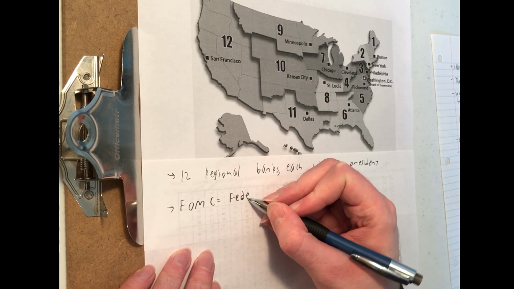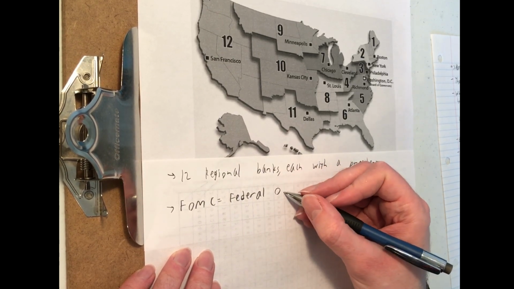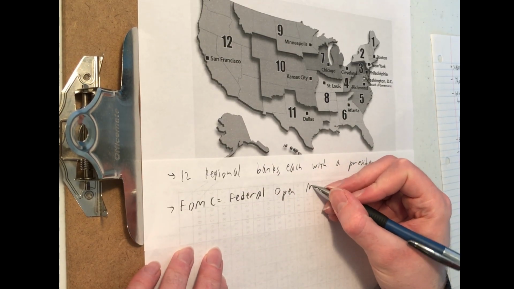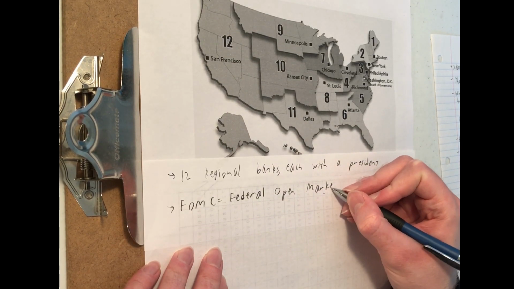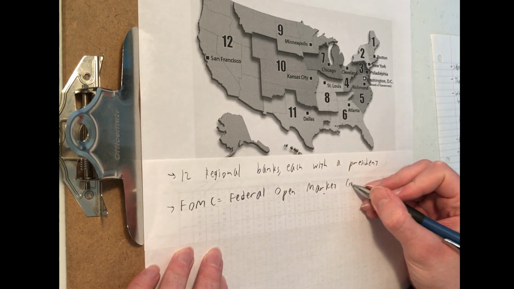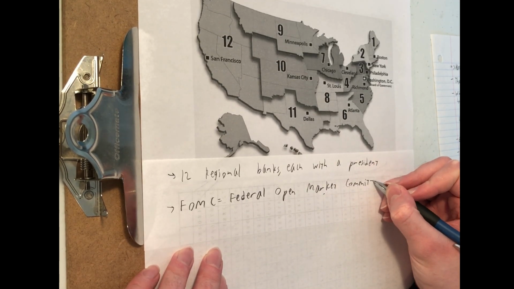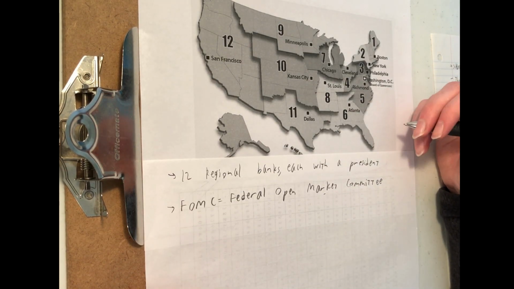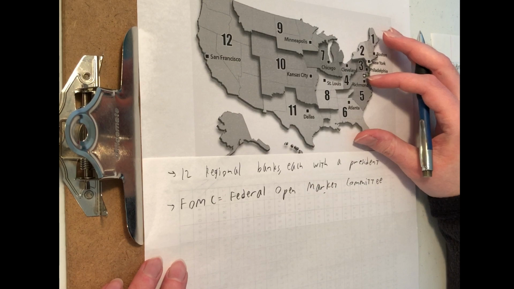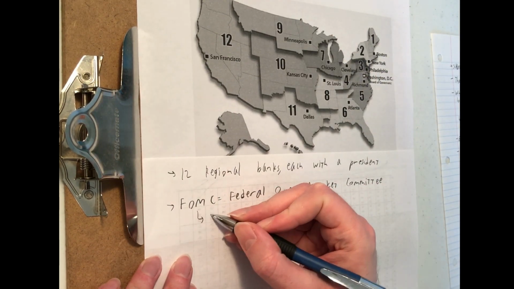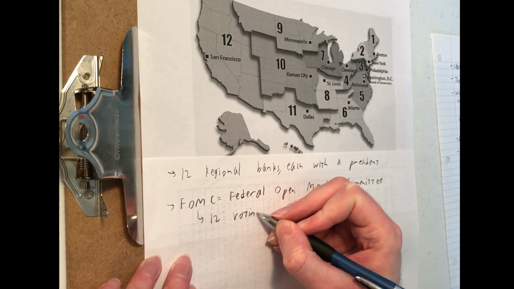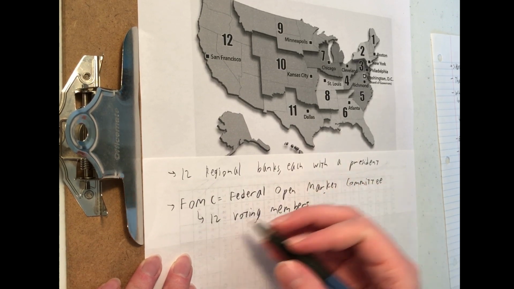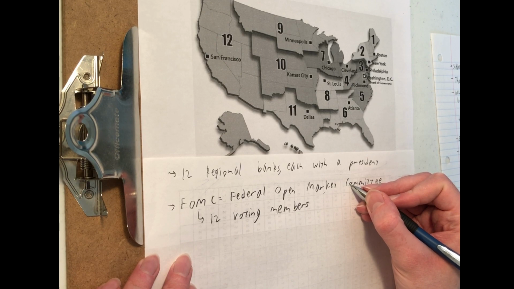Recall back in chapter 17, we talked about open market operations, one of the Fed's major tools to conduct monetary policy. Open market operations means they buy or sell short-term treasuries, and that influences interest rates and the money supply. So this committee decides what they're going to do.